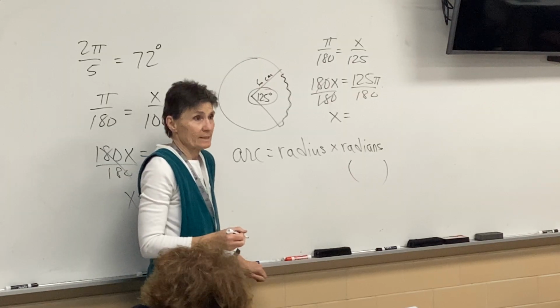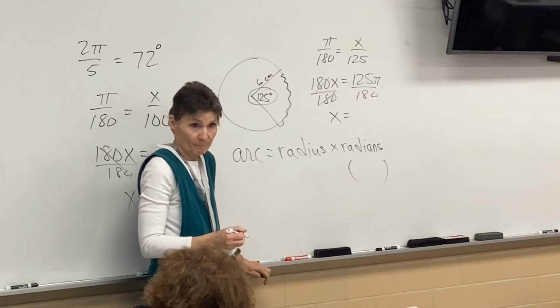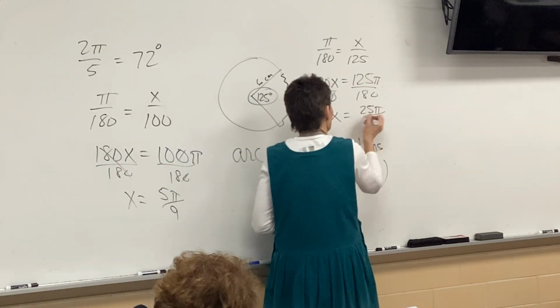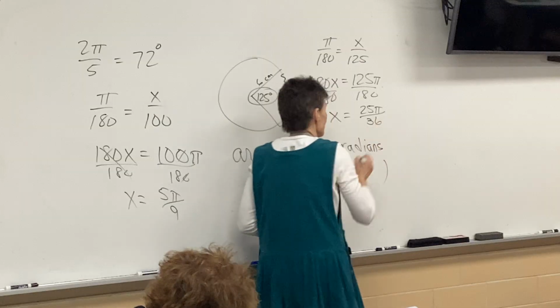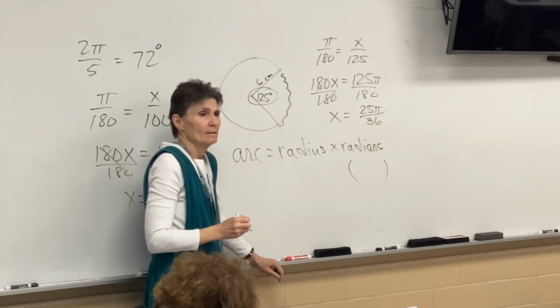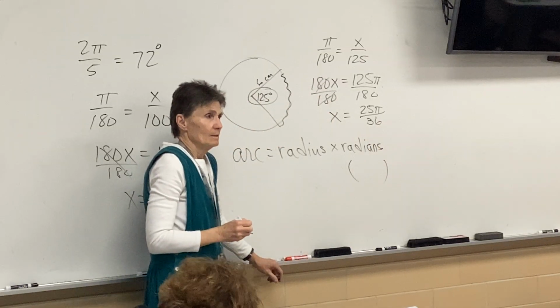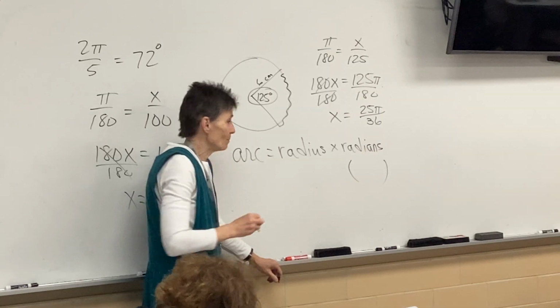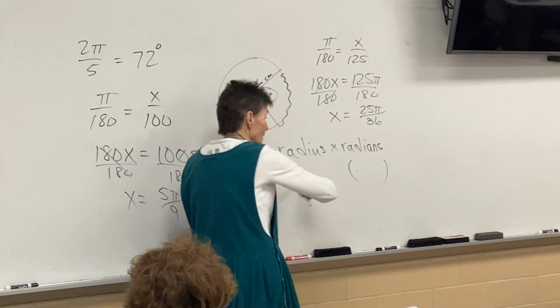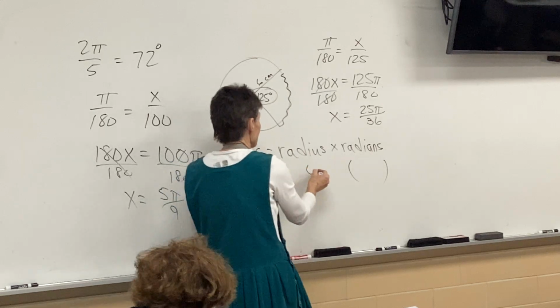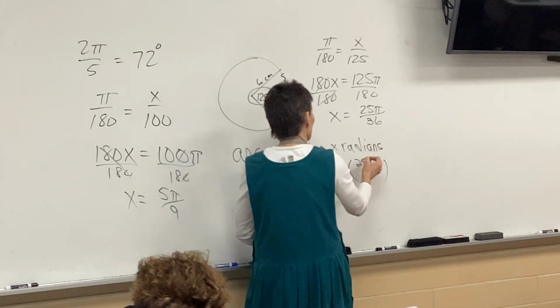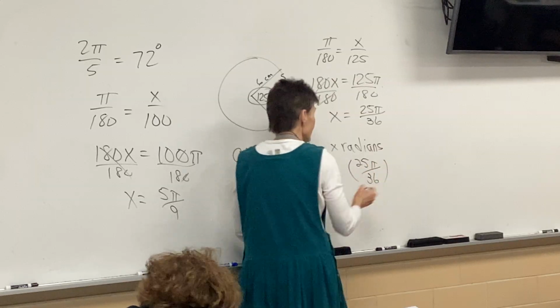So let's see, 5 goes into both of those. So 5 goes in 25 and I think 36. Are we done? Nope. This is when we're done. So our radius is 6 over 1. And our radians are 25 pi over 36.